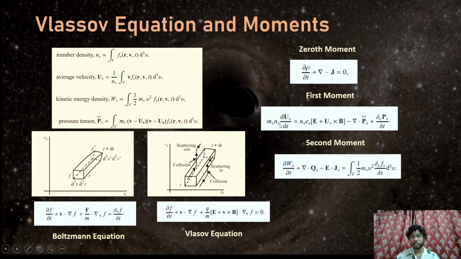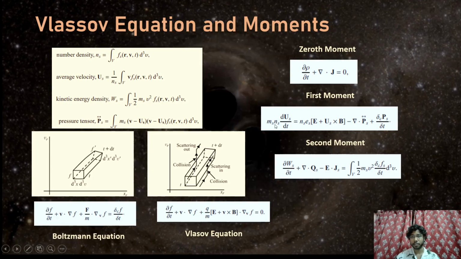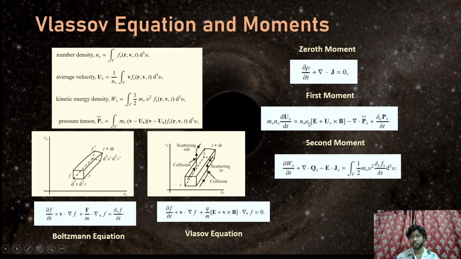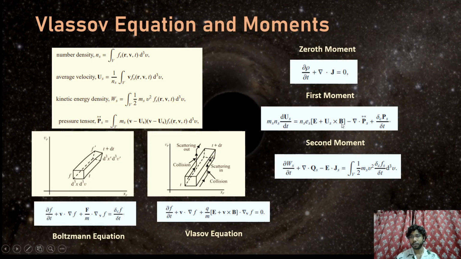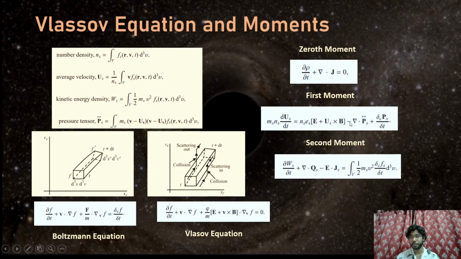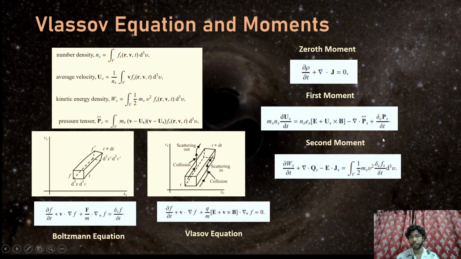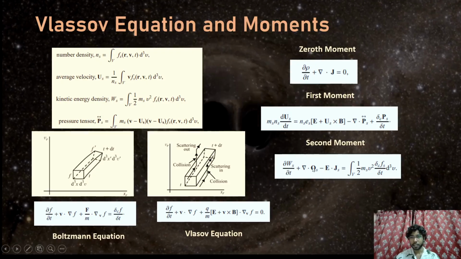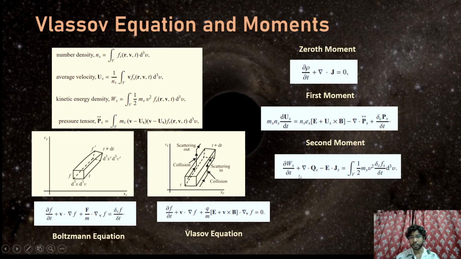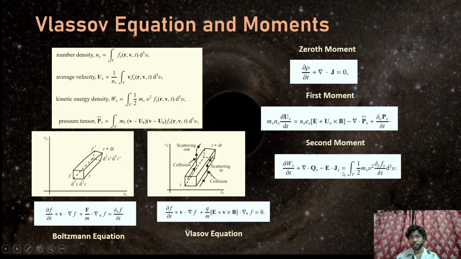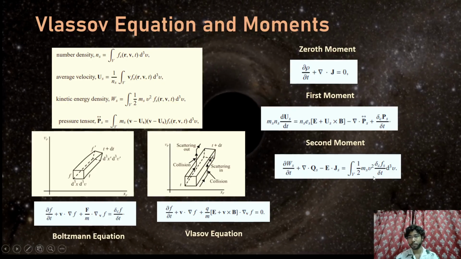n_s is the number density, m_s is the mass of the species, u_s the velocity, q_s is the charge, times E plus u_s cross B, minus del dot P_s, the pressure tensor, plus the collision term. And similarly, the second moment: del W_s by del t plus del dot Q_s, where Q_s is the heat flux, plus E dot J, and this is coming from the collision term.